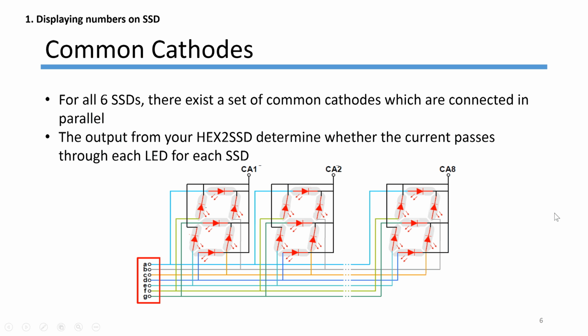For all of these 7-segment displays, there is a set of common cathodes which are connected in parallel. These cathodes are your outputs from your hex to SSD to determine whether the current passes through each LED for each segment. So for example, segment A is actually one wire that connects to all the segment A's of your 7-segment displays.